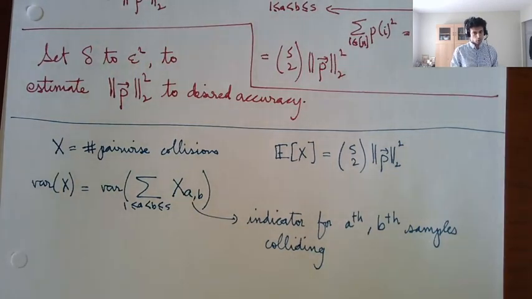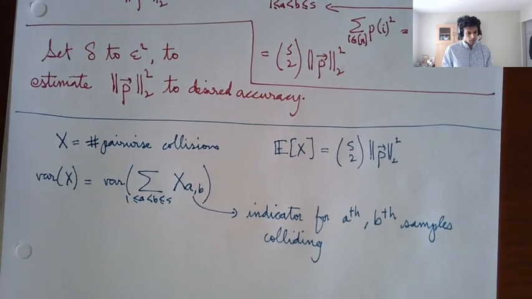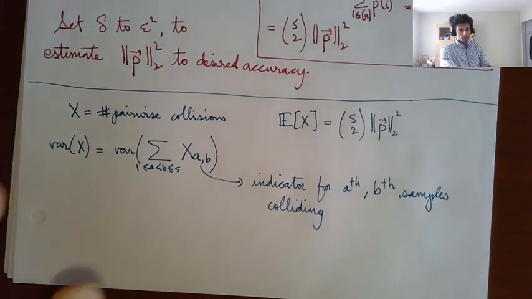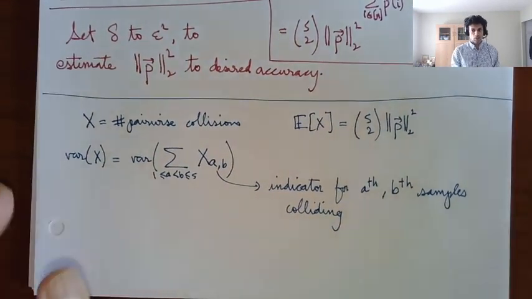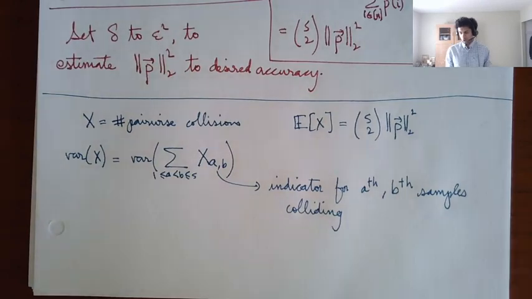for. So let's apply Chebyshev and see what bound we need on the variance for things to work.